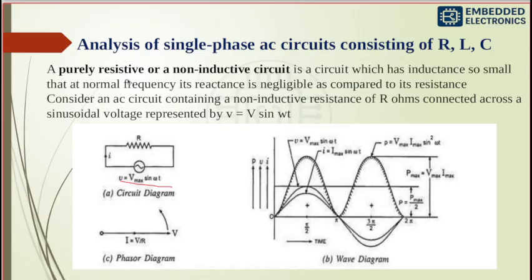In this circuit, the inductance is so small that at normal frequency its reactance is negligible as compared to its resistance. So here we will have only the resistance, that is R ohms, connected across the sinusoidal voltage, this one. So that is V equals V max sin omega t, and here current is flowing.